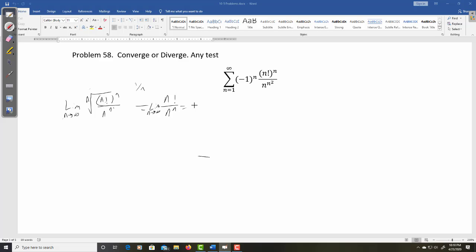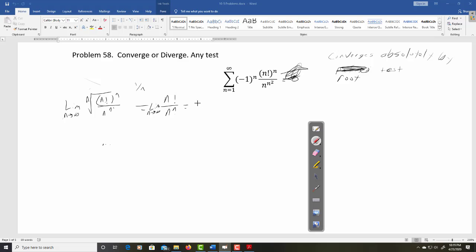Now this is still not a super simple limit to evaluate, but we've done this kind of thing before. So if we look at this, equals limit as n goes to infinity of n times n minus 1 times n minus 2. Now note, as I'm doing this, we're not doing a test about a series at this point. This is just a limit of a function, a limit of a sequence.